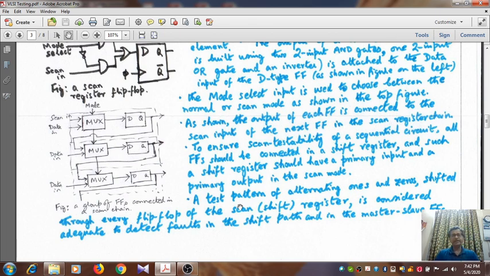So if you feed in a test pattern of alternating ones and zeros, then you succeed in testing the shift register to all possible input patterns.